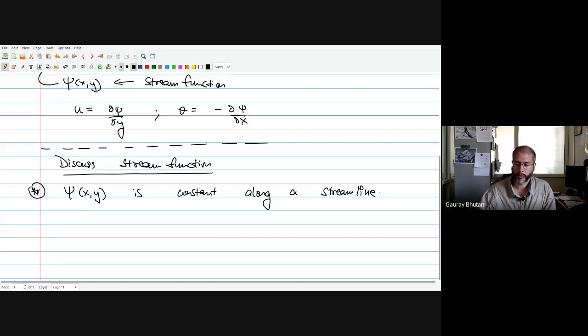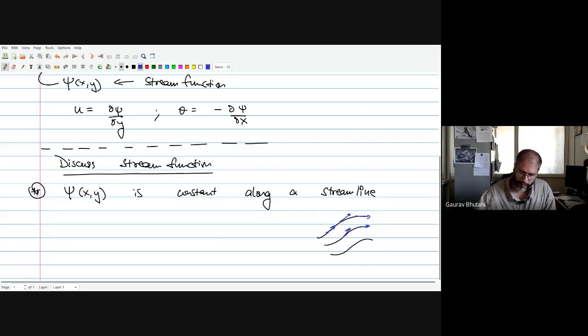Streamlines are those hypothetical lines that we draw at any instant in a fluid flow. The velocity is always tangential to the streamline. So if you know the velocity field everywhere, then you can draw streamlines so that the lines are always tangential to the velocity field.